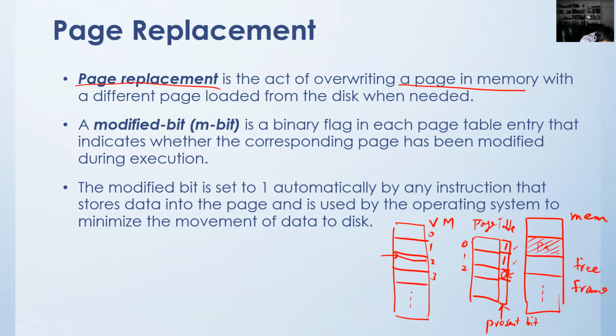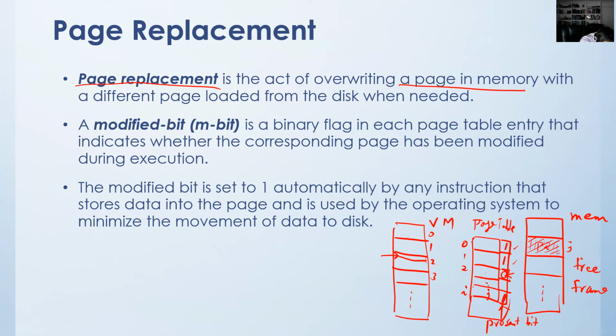Say page I, which represents page number I, which is currently in the physical memory, let's say in frame number J. Okay, so page I is in frame number J, so the present bit is 1. So now we identify this page I, and we replace page I with page 2, for example.